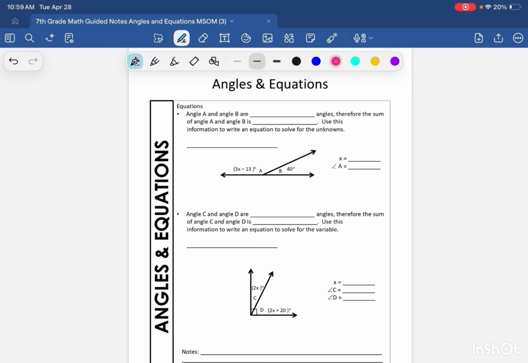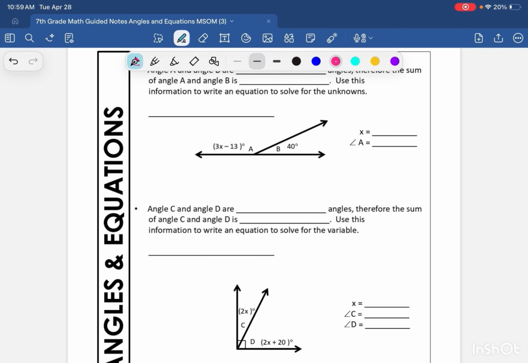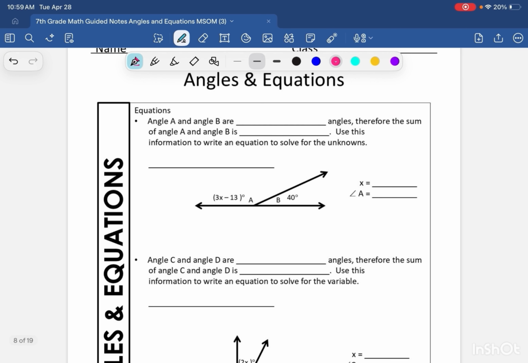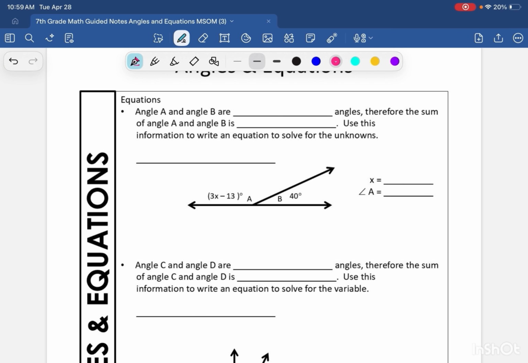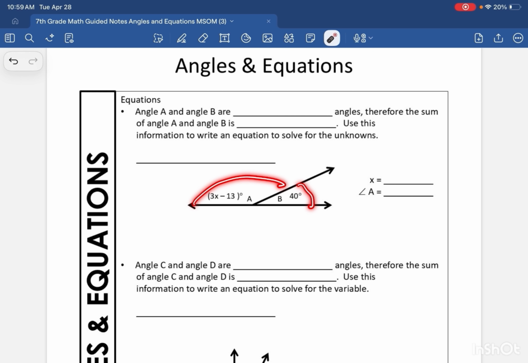So now we're going to use the same information and do this with equations with unknowns, but it's going to be the same idea. So below we have angle A and angle B, which are right here. It tells me angle B is 40 degrees. Angle A says it's 3x minus 13 degrees.